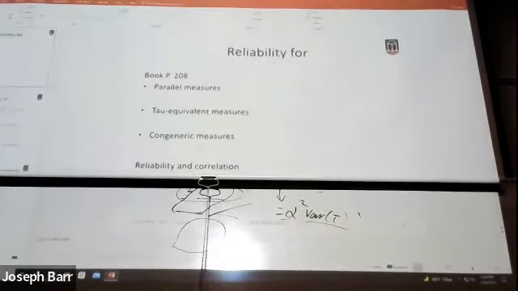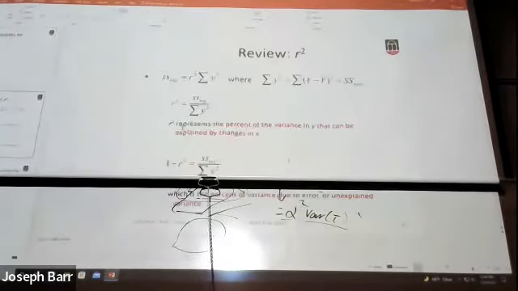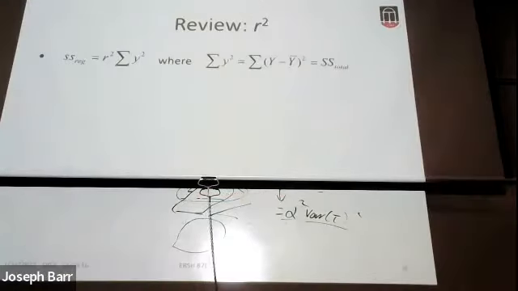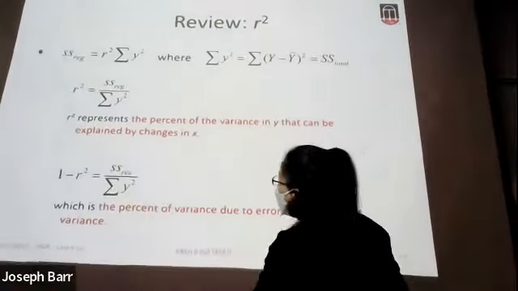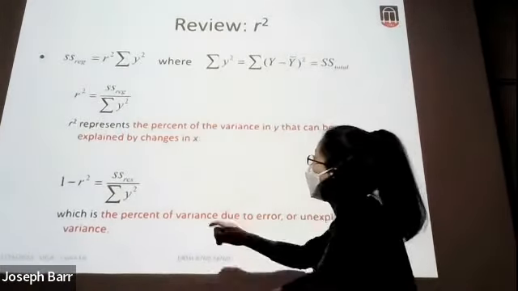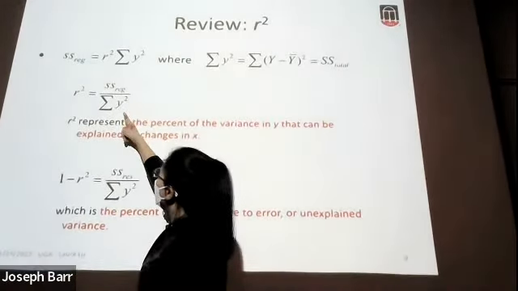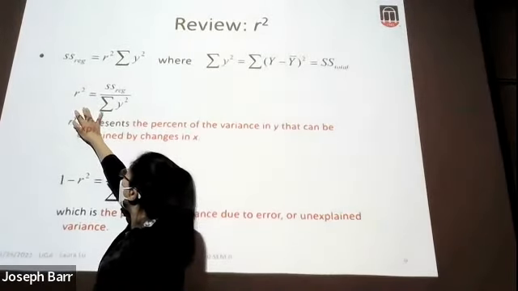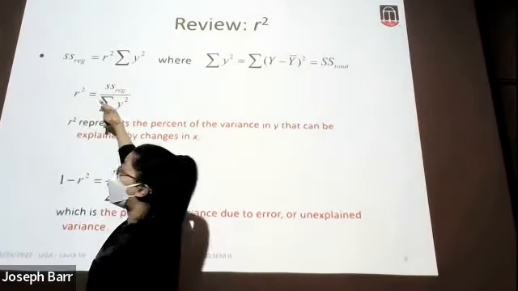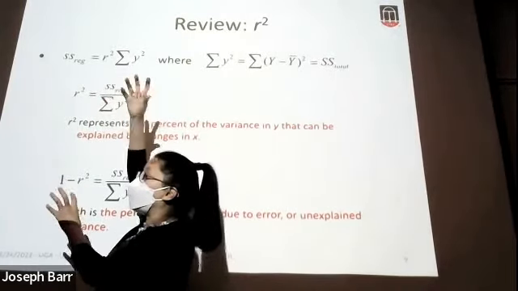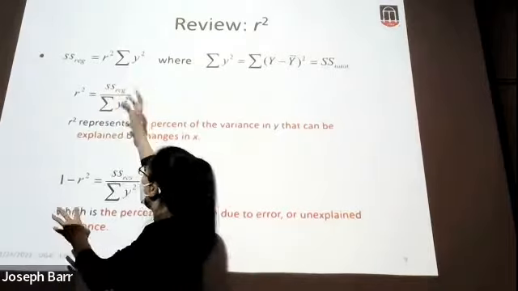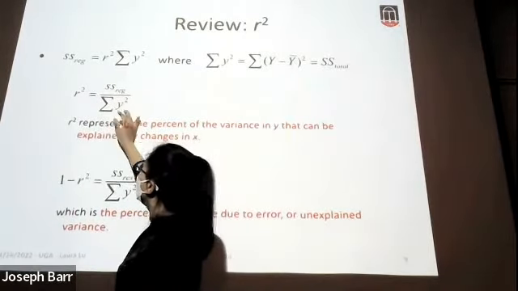We have already covered this, and actually this is a review slide. Think about the R squared. This is a slide from my regression course, the other foundation course. When we mention R squared, we have SS regression over SS total, and the ratio is R squared. It's kind of like a reliability: variance due to the true score, the model part, over the total variance.